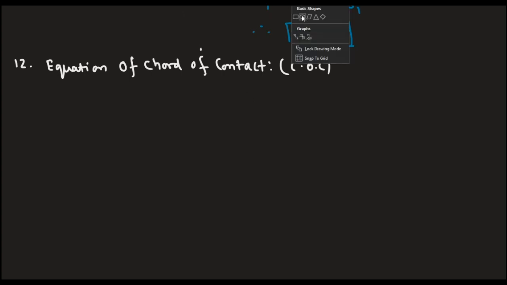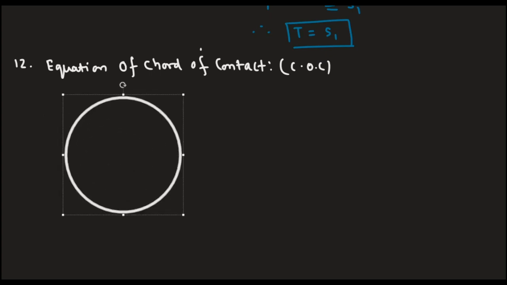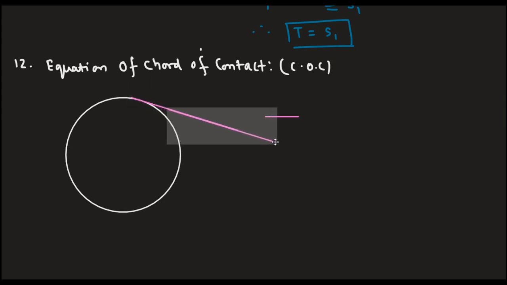First of all, take one circle. This is our circle, and through one outside point we are going to draw the tangent to this circle. This is the tangent.